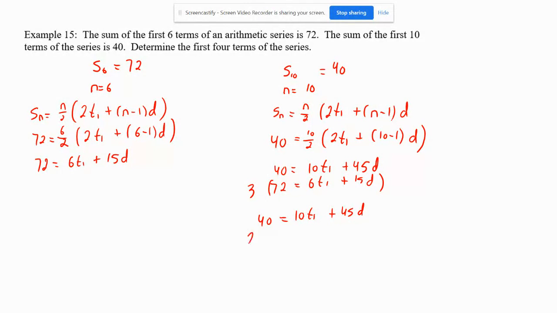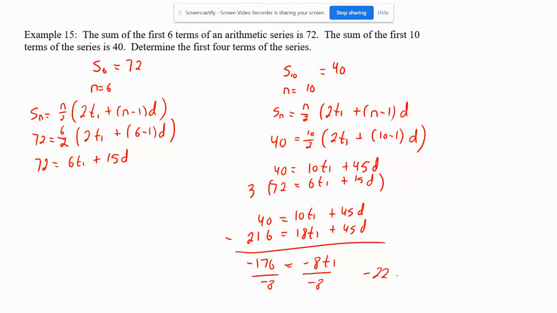Three times 72 is 216. All right, all that to figure out that our first term, t1, is negative 22.